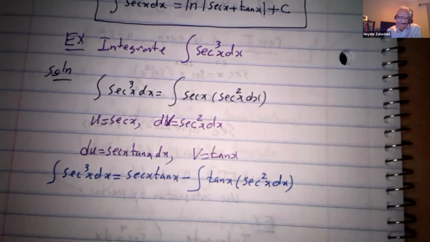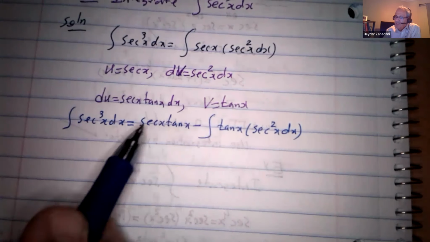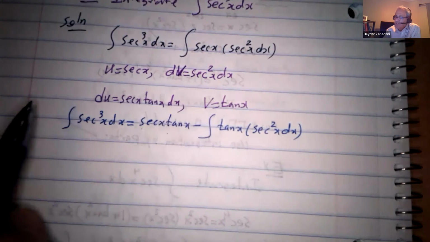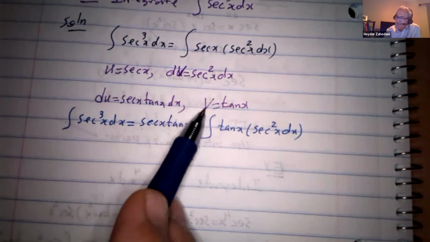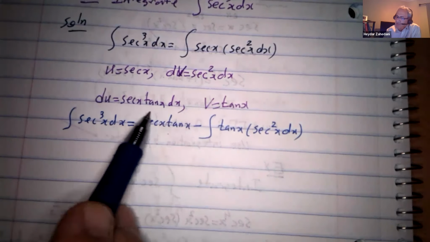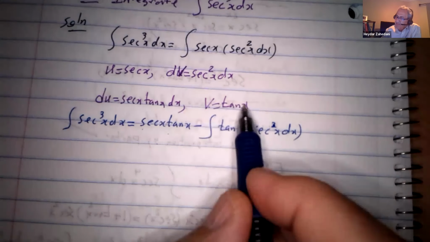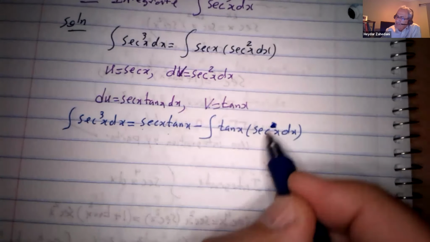Okay, uv gives secant tan minus v du. Oh, I'm sorry, I made a mistake. v du. v is tangent. So it's going to be secant x tangent of x and the dx. You see?